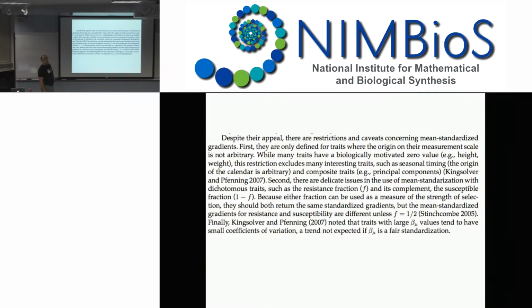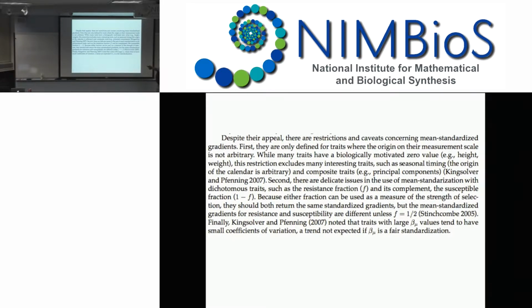If the origin of traits is arbitrary, such as the calendar date, that's arbitrary, or composite traits, principal components, then mean standardization is really not defined. So it doesn't work on all characters. It has to work on characters which have a natural scale, that is a natural zero. Now, how you scale away from zero is different. You could scale inches or miles, but they have to have a natural zero. Otherwise, you can't do that.